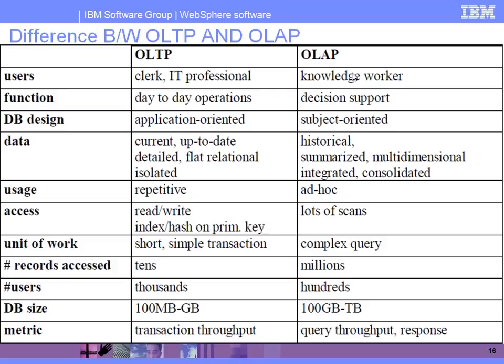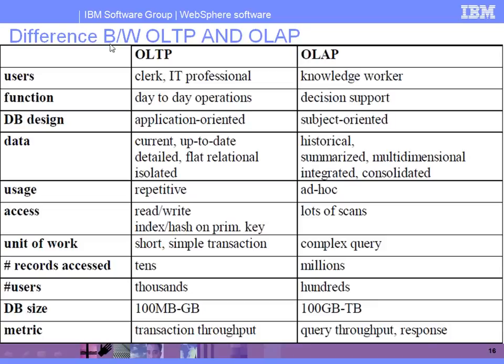The data we have in OLAP will be useful for decision support. Generally, operational systems data is to run the business, not to make decisions. But the data we have in OLAP will be useful for decision making. Right.